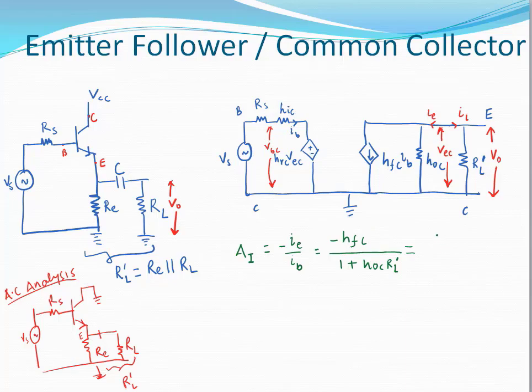So from the conversion formula we can write minus HFC is equal to 1 plus HFE, and HOC is nearly equal to HOE.